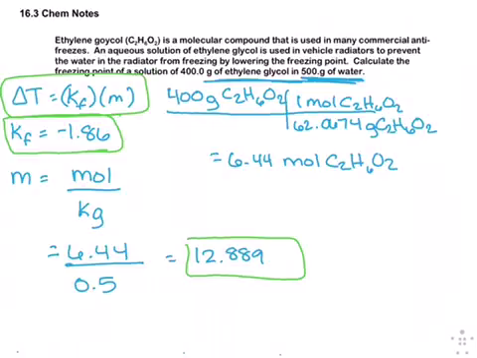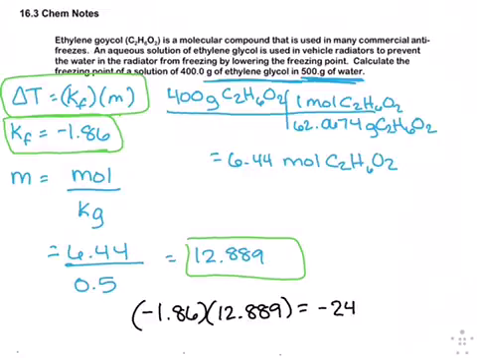If we plug that all in, our constant is negative 1.86 times the molality 12.889, and you will get a change in temperature of negative 24.36 degrees Celsius. That means when you put this C2H6O2 in water, it lowers the freezing point by 24 degrees Celsius.